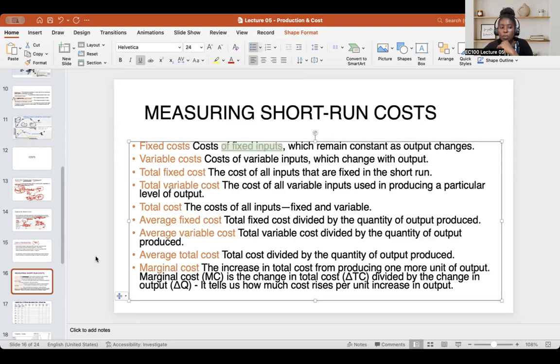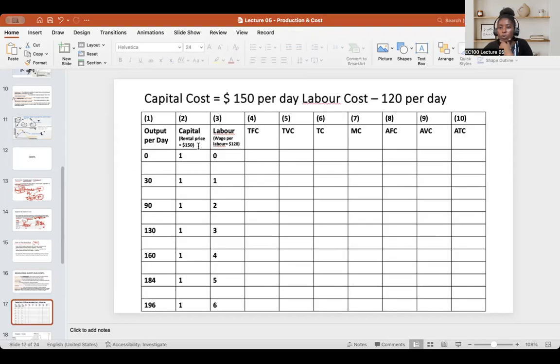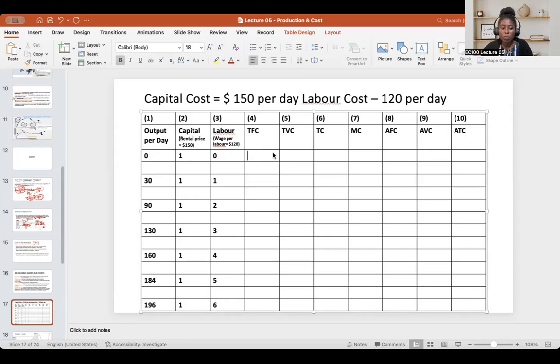What is our fixed factor? To know the fixed factor, just look at which one is fixed here. It's capital. We are told the cost of capital is 150. So total fixed cost is the cost of capital, which is $150.